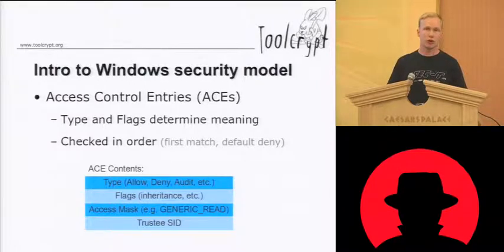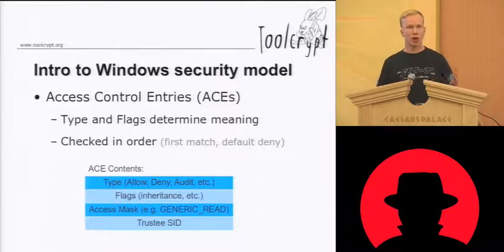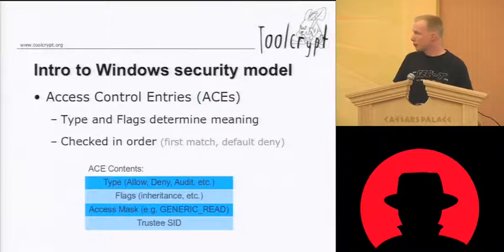I'll keep referring to these as DACL and SACL, so it's much easier to say. We have some flags in each access control entry, flags controlling, for example, inheritance. For example, in a file system, you can set a DACL on a directory that will propagate through to subdirectories and things like that. And an access mask.